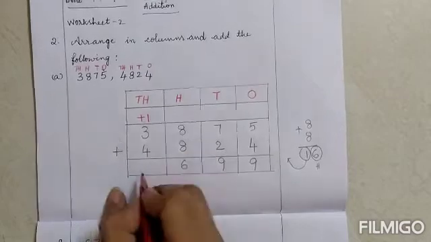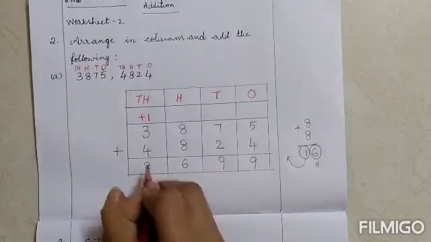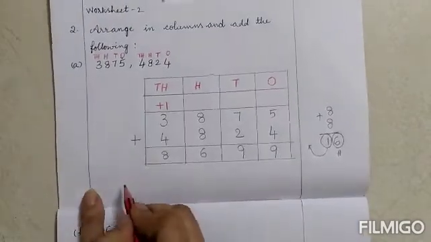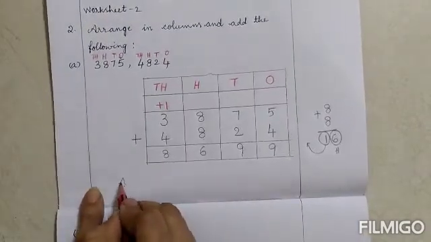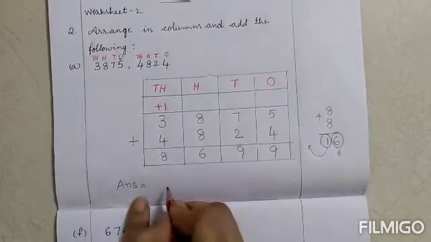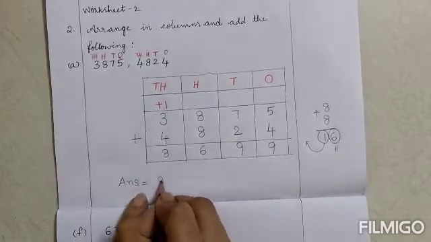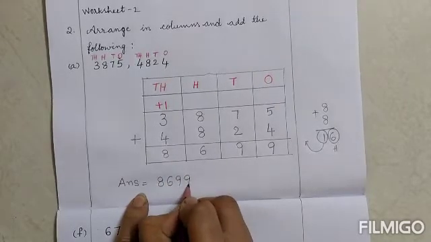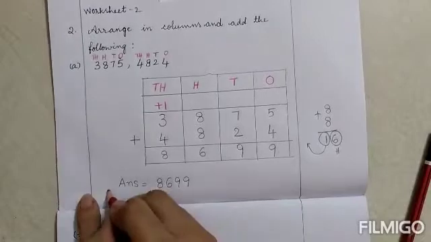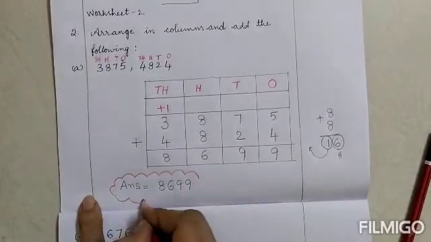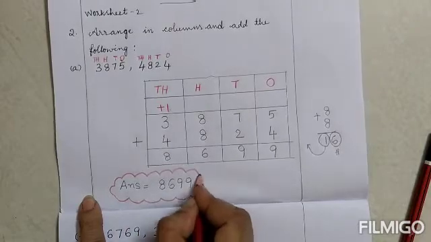Now 1 plus 3 is 4, 4 plus 4 is 8. Finally, you have to write answer is equal to 8699, and you have to make a cloud for this answer.